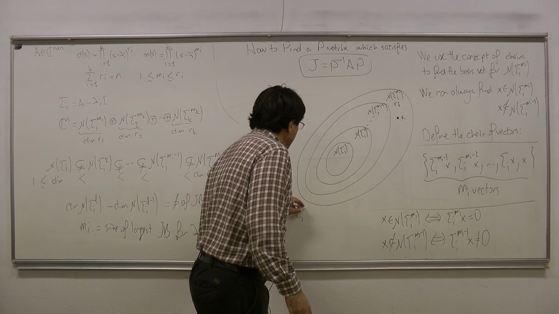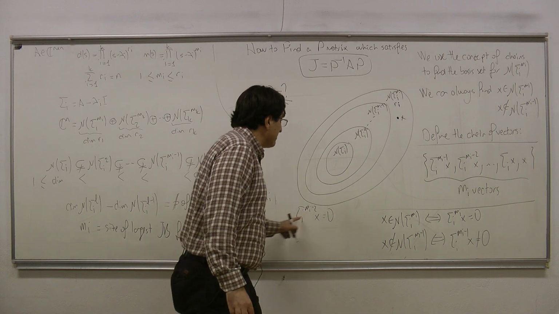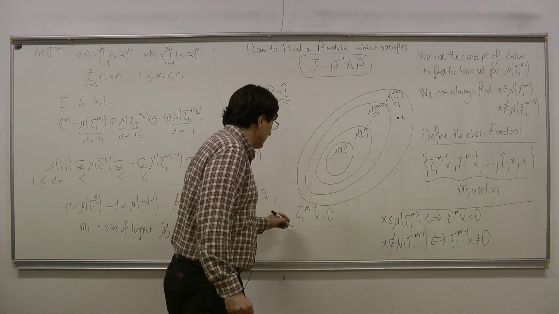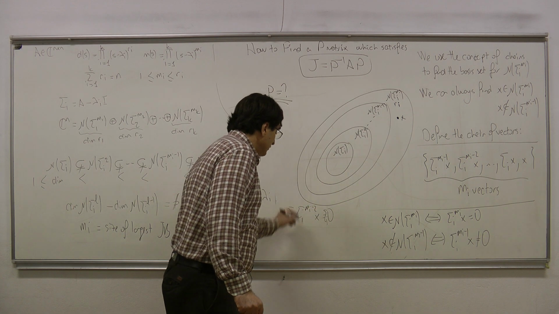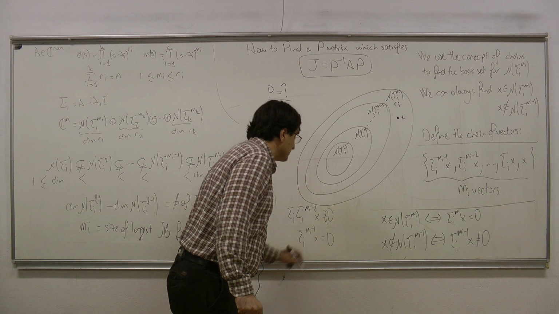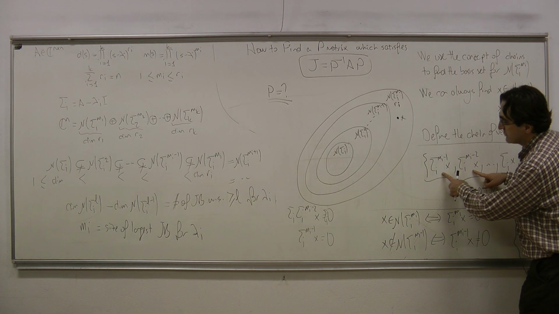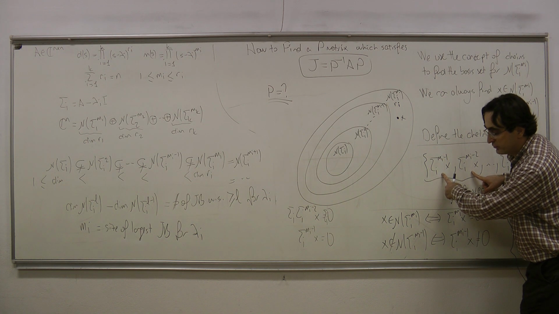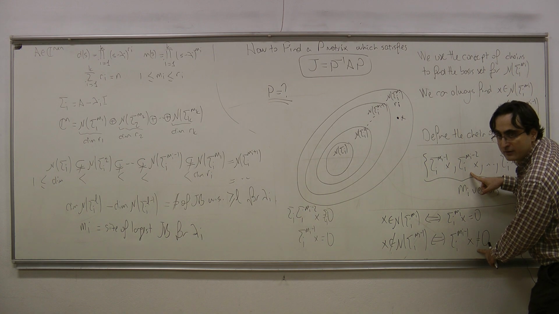If sigma I to the mi minus 2 x is equal to 0, then I can multiply both sides of this equation with sigma I. Okay? Then this would give me sigma I to the mi minus 1 x is equal to 0. Okay? So you see that if this vector is equal to 0, the other one is going to turn out to be equal to 0, which is not possible because of the condition I chose for x.